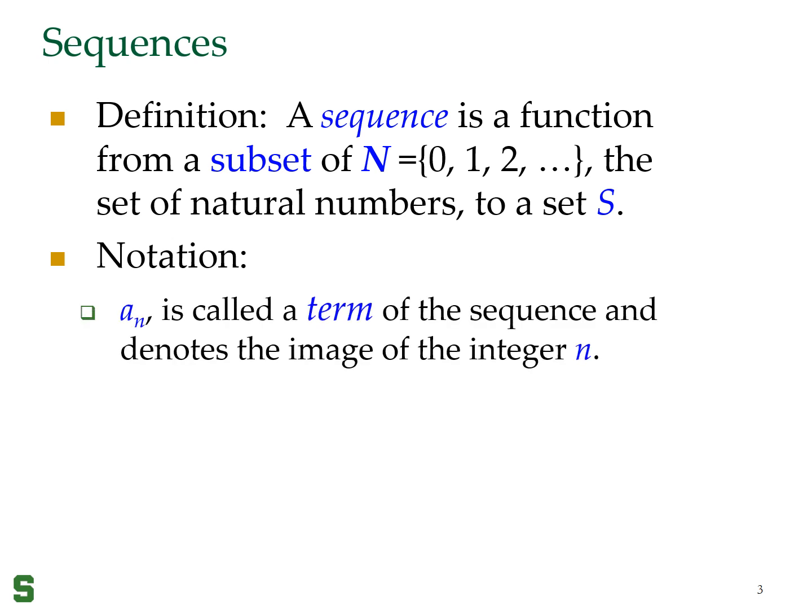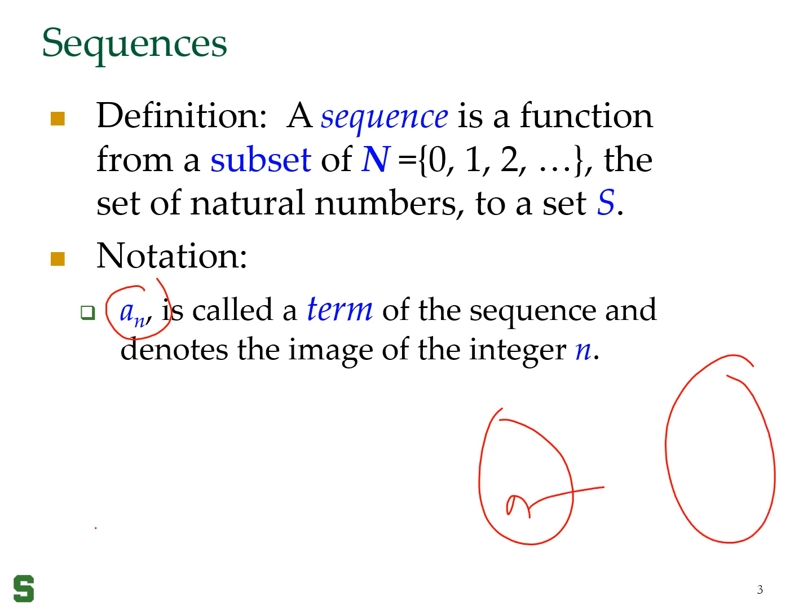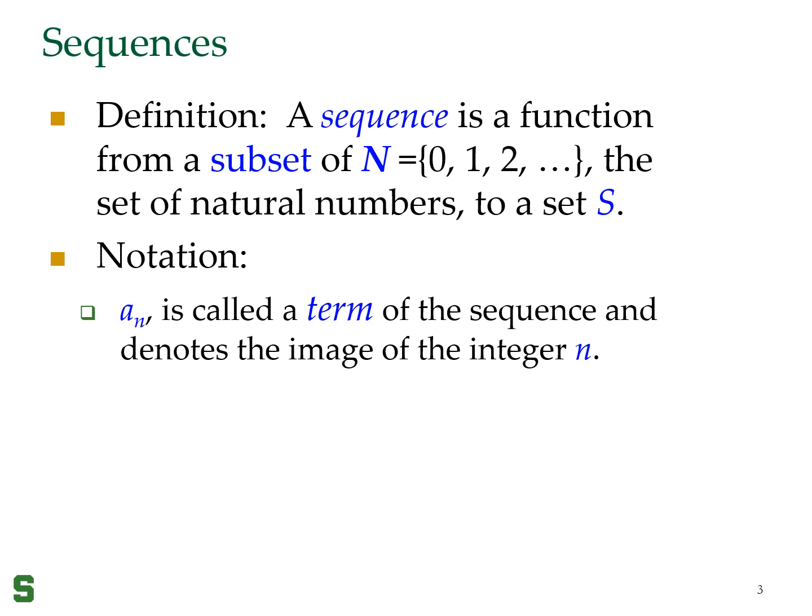We use this notation. The term an is the nth term in the sequence. So if I think of it as mapping, then essentially I have this number n here. It's going to map to something over here, and that term is going to be an. We denote the whole sequence using this notation, where we have curly braces. Inside that we write an, and then we close the brace.